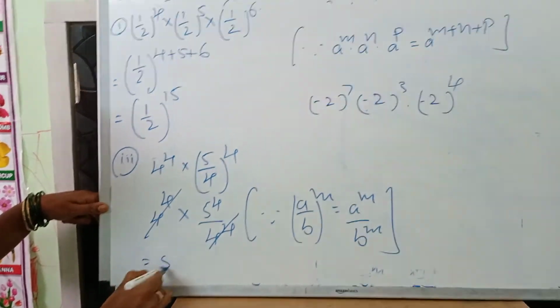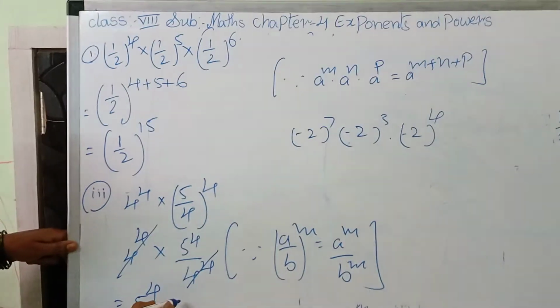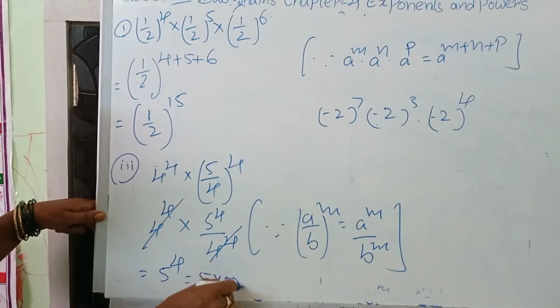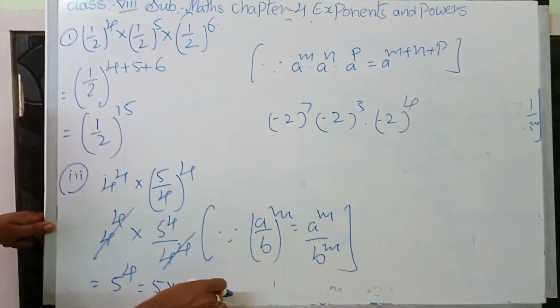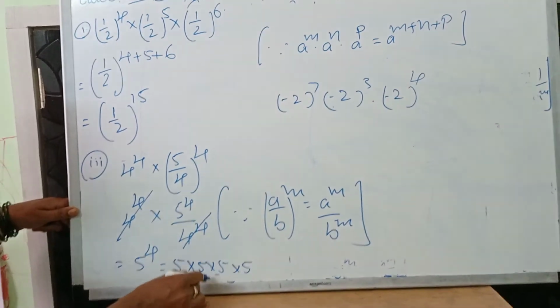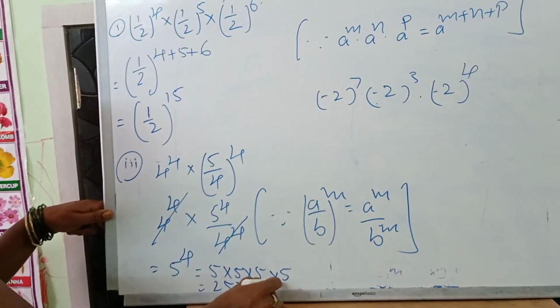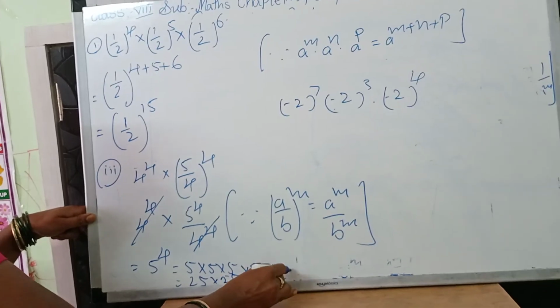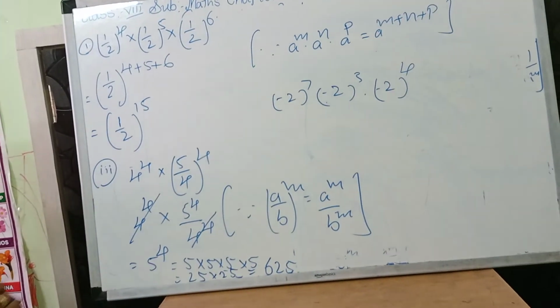The remaining one is 5 to the power of 4, which means 5 into 5 into 5 into 5. 5 fives are 25, again these two 5s, 5 fives are 25. So 25 into 25 is 625. This is the answer for the third one, children.